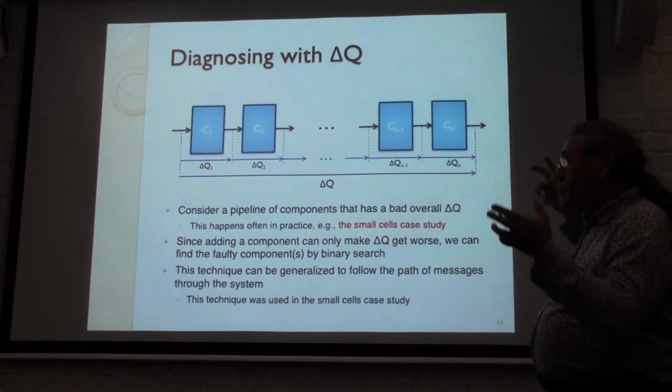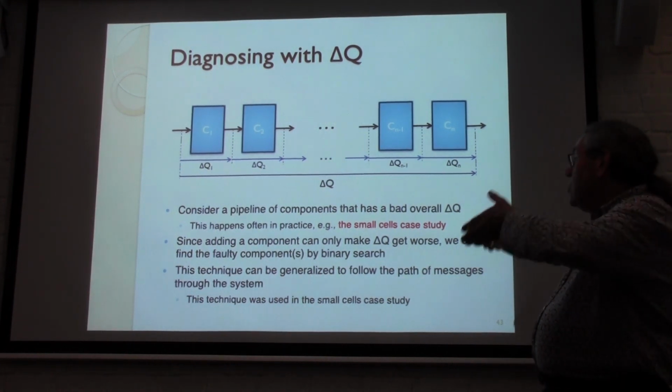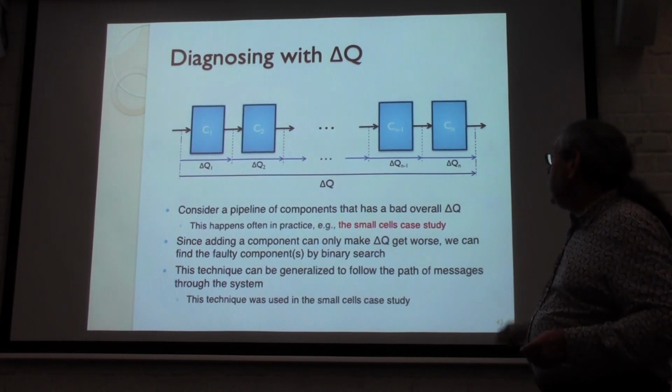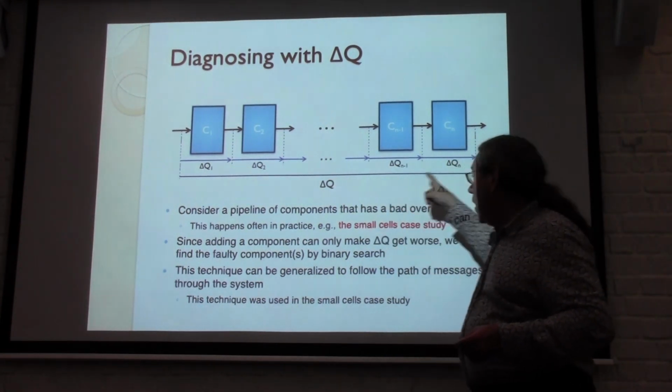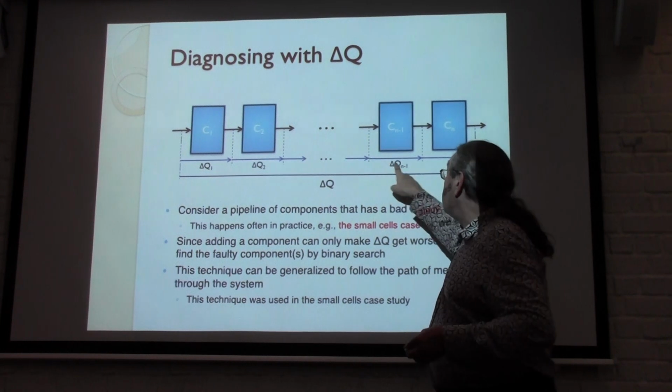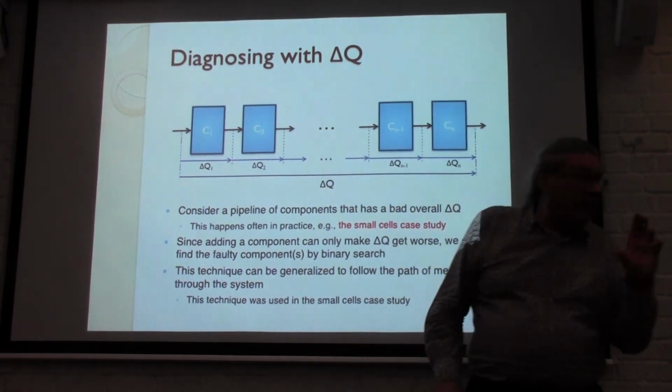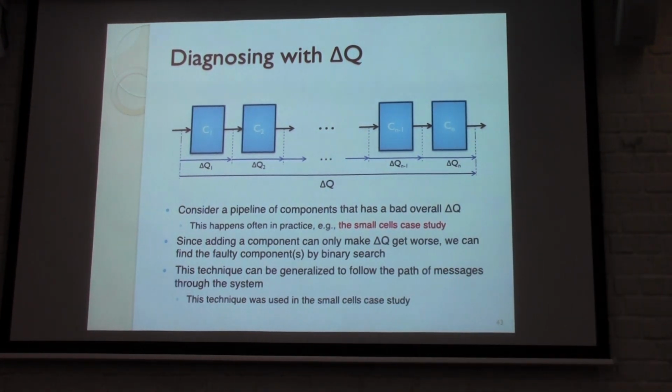But we can use delta Q computation to narrow down. We can find the faulty component by binary search. So of course, it's not obvious, because delta Qs don't add and subtract like numbers, okay? So we will have to do convolution and deconvolution to narrow things down, but that's okay.